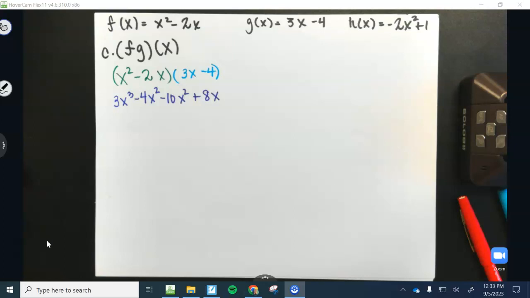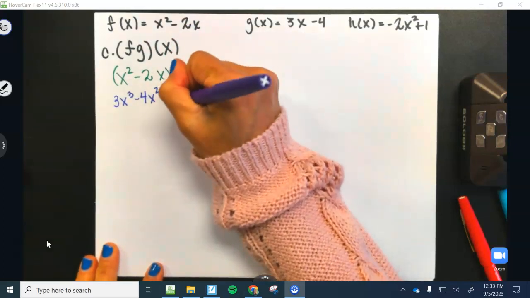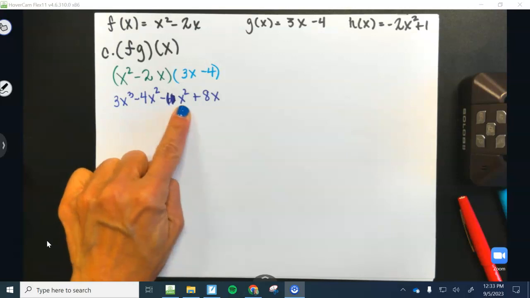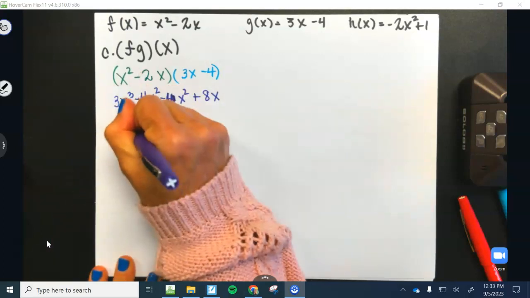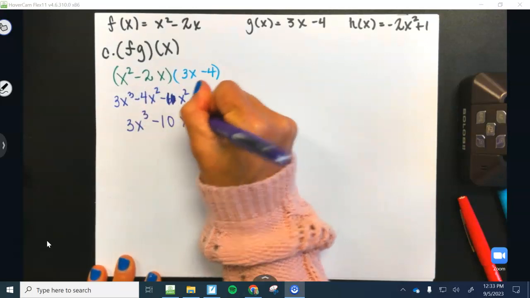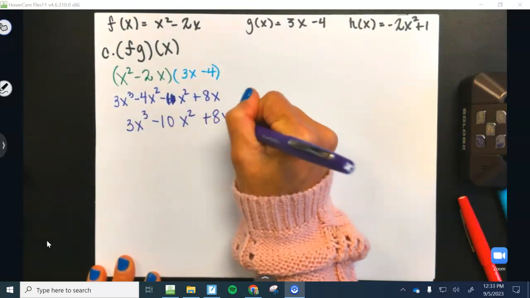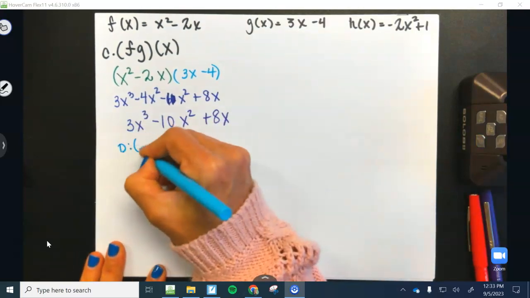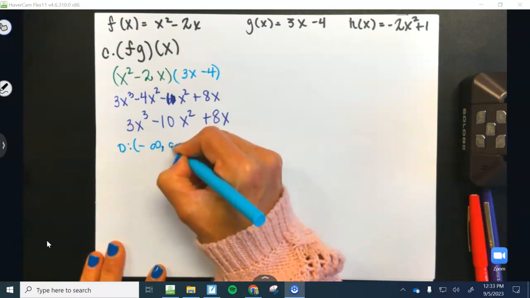Okay, so it looks like we just need to combine the two middle terms. So that's going to be a negative 4x squared minus a 6x squared. So we're going to have 3x to the third minus 10x squared plus 8x. And again, guys, just a reminder, the domain here was negative to positive infinity.